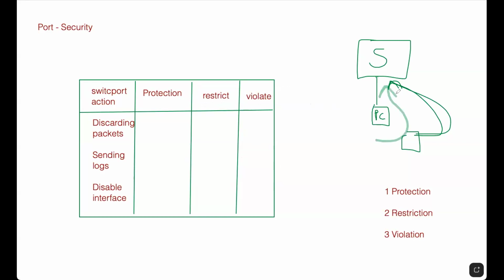When the user sends in a packet, this is fine. Someone removed this PC and plugged in their own PC and sent the content to this port. Let's say this port is in protect mode. Then it will discard the packet, meaning it will drop the packet, which is yes.